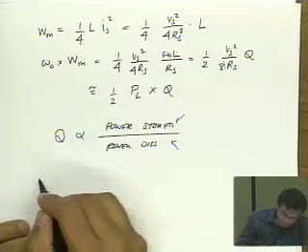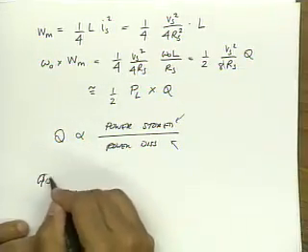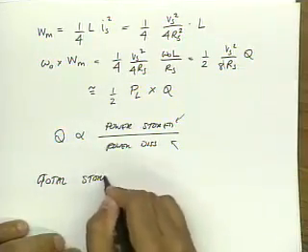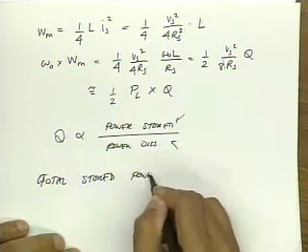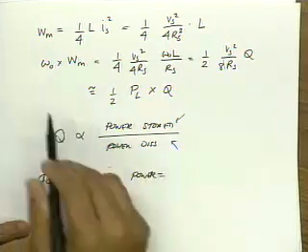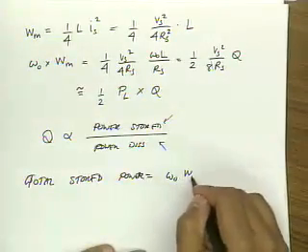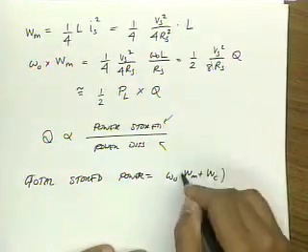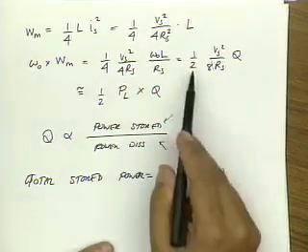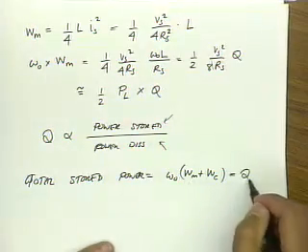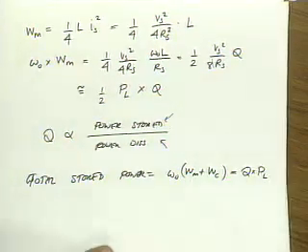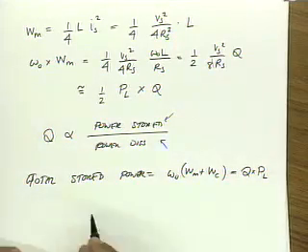So the important point is that if I look at the total stored power, at resonance, the power stored in the inductor is equal to the power stored in the capacitor. And so this factor of 1/2 goes away, and I just have Q times the power that's going into the load. Okay? So now this is the important part.